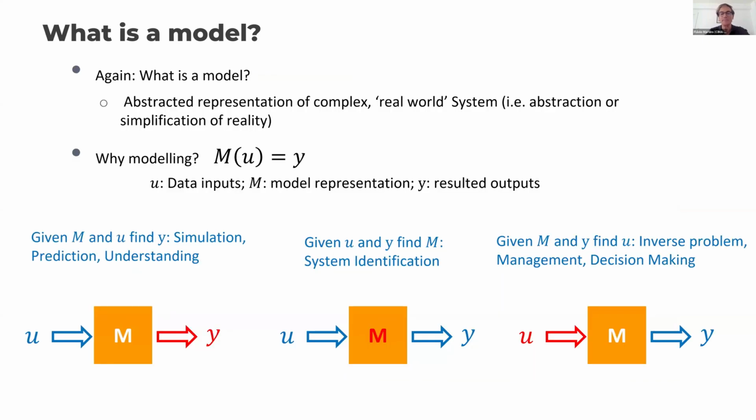Okay, so again, a model is a representation of the reality, and a more formal way of discussing it is saying that a model, in our case our mathematical models, is an operator that operates on the input data, so it's a set of operations that transforms the input data into output results, okay?